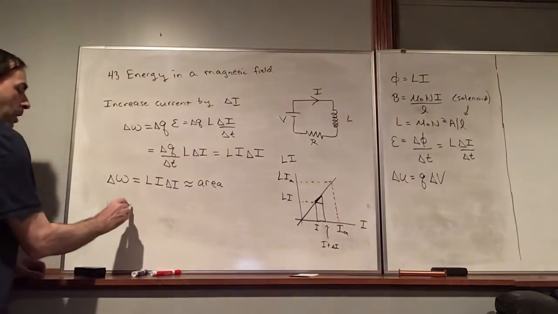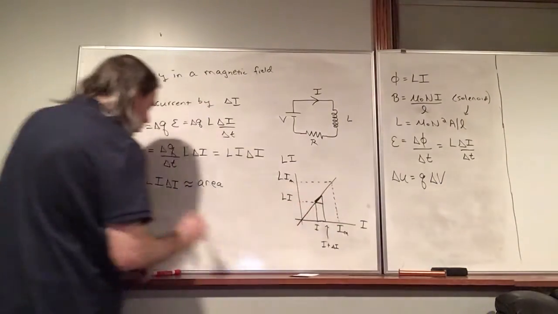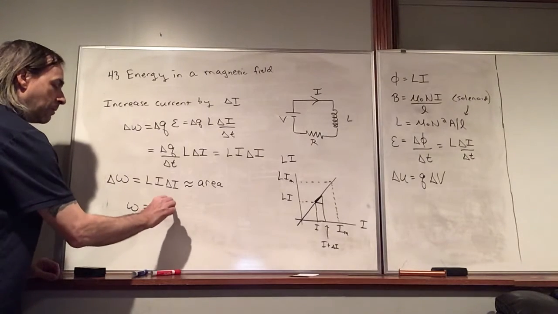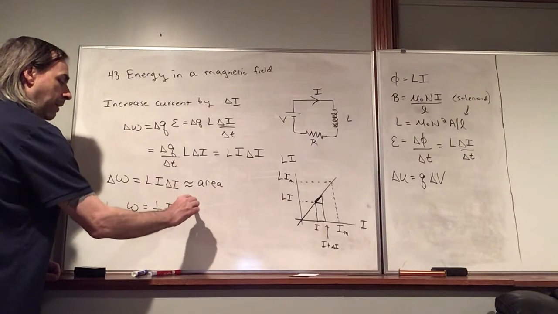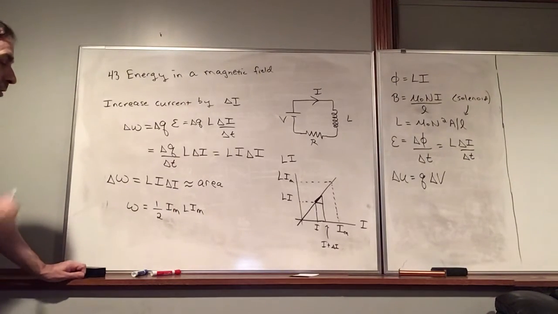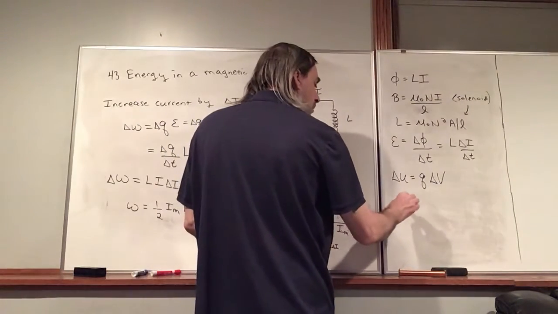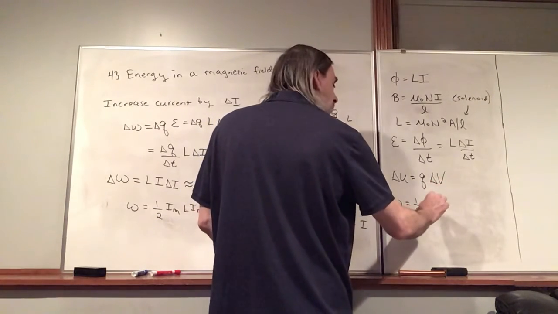So for the total work, we just have the area of this whole triangle, which is 1/2 times the base times the height, which would be L I max, or 1/2 L I max squared.